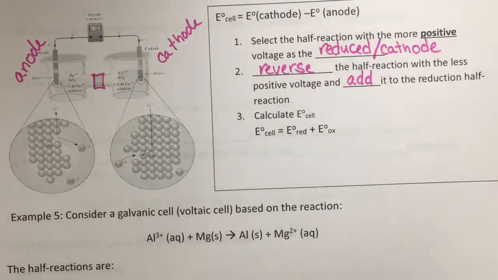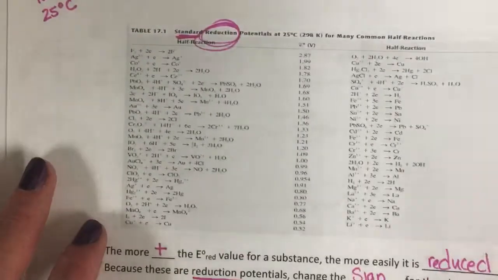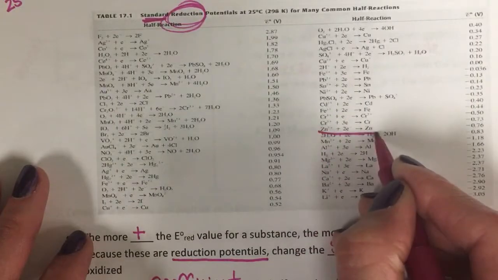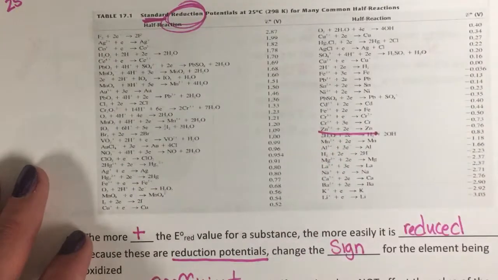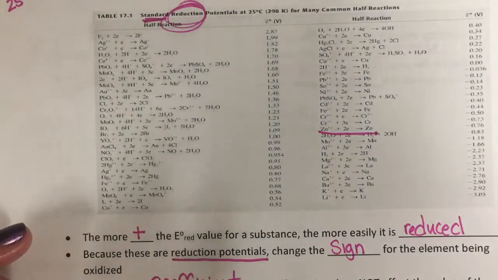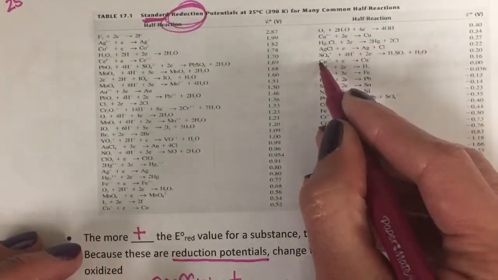If I look at my table, I've got zinc and copper. So I look at my table, zinc's here. I would find copper. Copper's not actually on this table, which is a pain. Nope, not even on this table, it's so far down. Oh, wait, there it is.